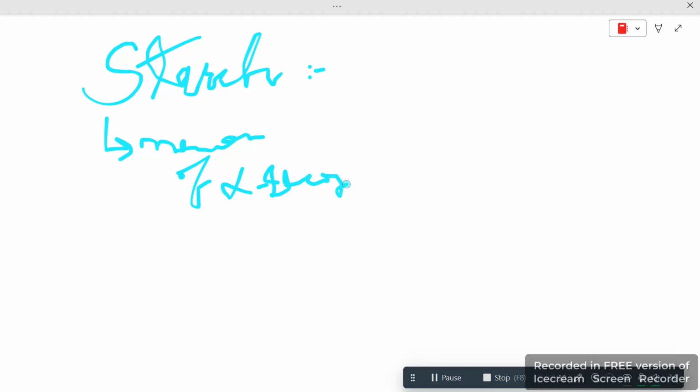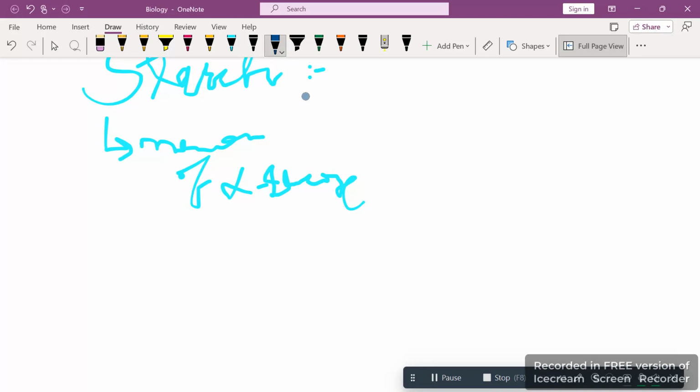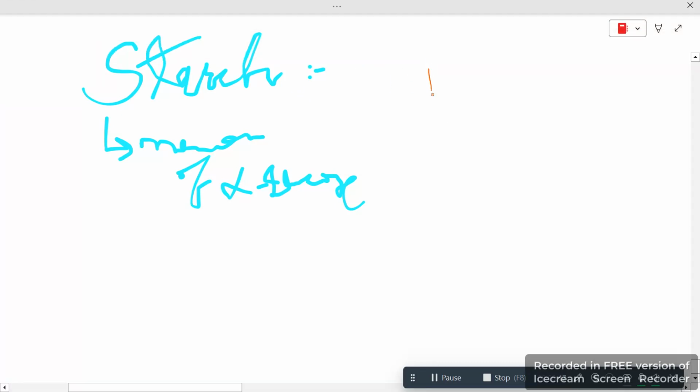Alpha glucose. If you don't know what alpha and beta glucose are, let me just tell you. When you find a bond, if you made a chain and H is present on the above side and OH is present on the downward side, that chain is known as alpha glucose.